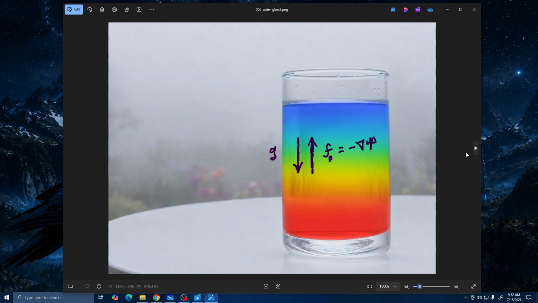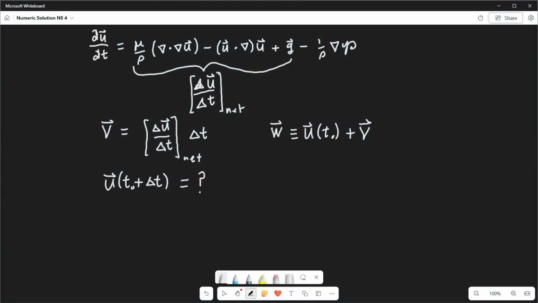For the water glass, it was shown that the V's are cancelled by the gradient of pressure, and that basically stops all the motion. And in general, that's what happens. Motions that are illegal, that try to put fluid into other fluid or go through walls, are in general stopped by the gradient of the pressure, which is this term at the end.